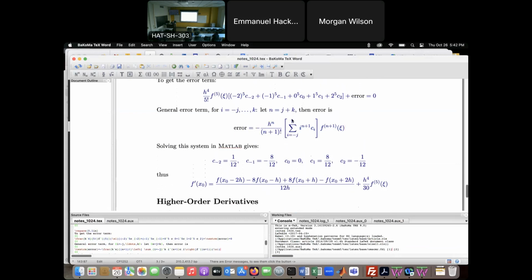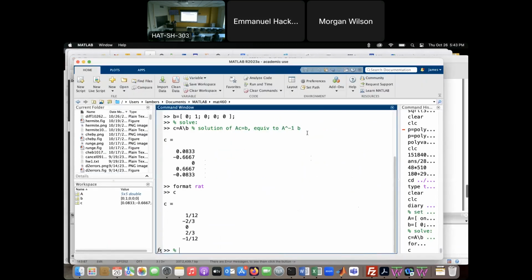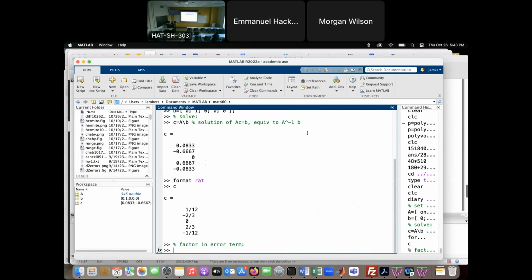And then I have this expression right here, which is multiplying all the coefficients by my indices raised to the next power, which is going to be 5. So if I go ahead and compute that, the factor in my error term is going to be minus 2 to 2 raised to the 5th power.